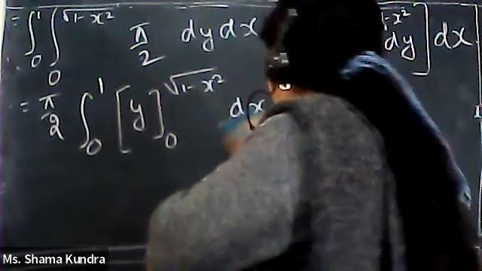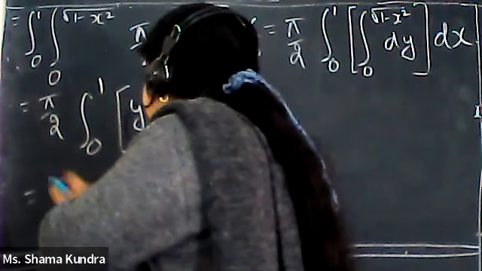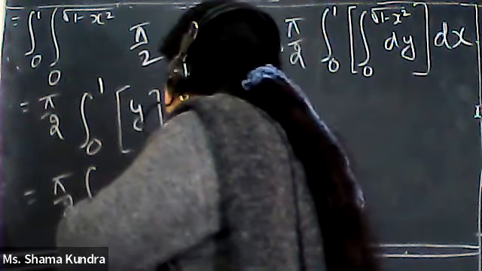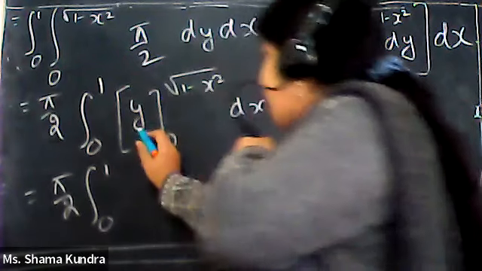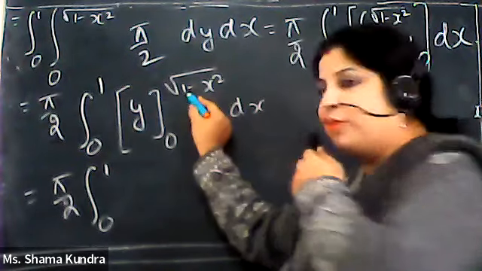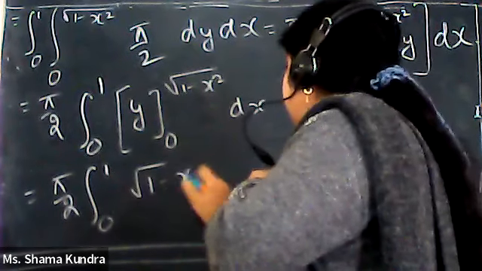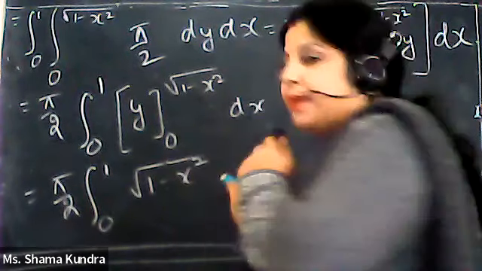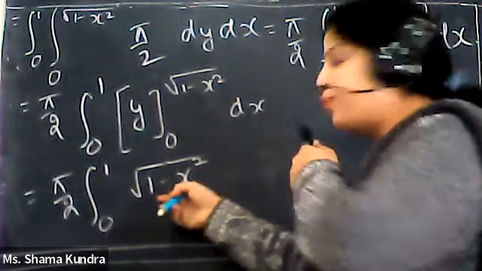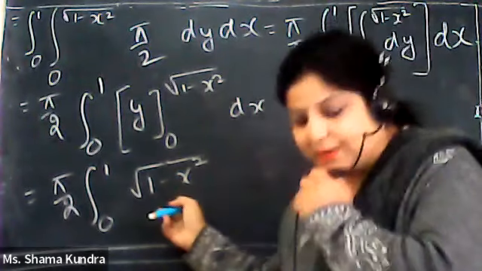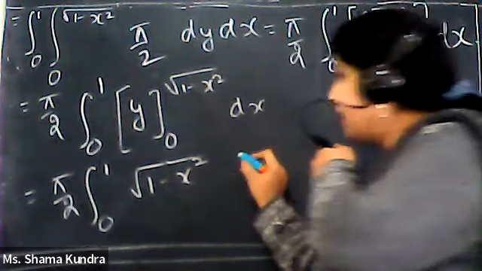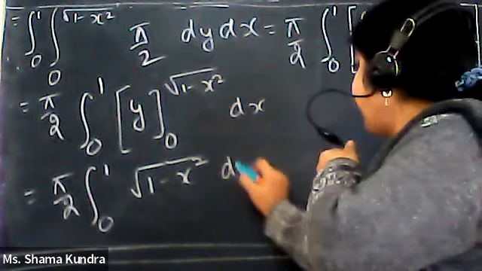Next step, we already know upper limit minus lower limit. So we get pi by 2 integral 0 to 1. Now instead of y, we have to put under root of 1 minus x square minus lower limit, so minus 0. Under root 1 minus x square minus 0 is under root of 1 minus x square, and here it is dx.